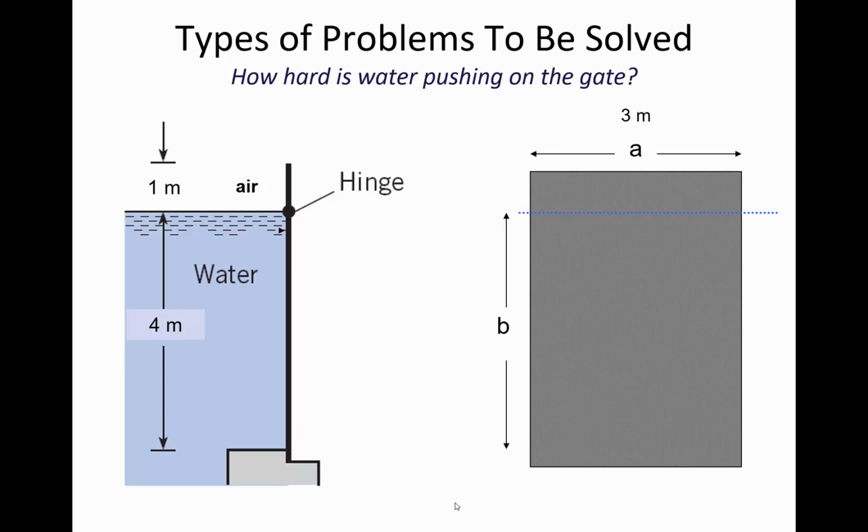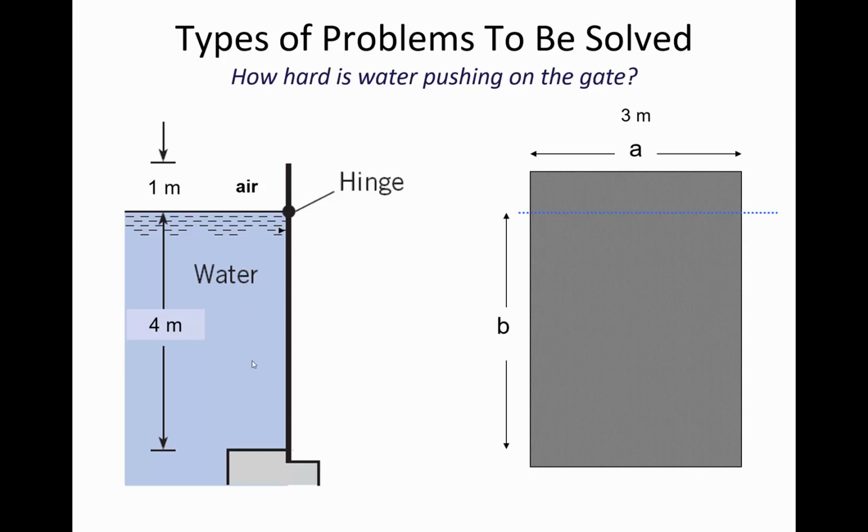So here is the front view of that gate where we've assigned the dimensions A and B. And so you can see that it's from this side view that we get the dimension B equals 4. And so that's the vertical component of its distance. And then the horizontal component we get from the front view.